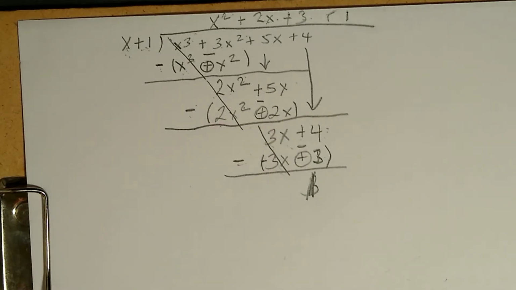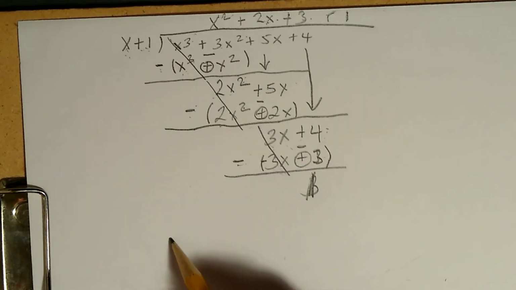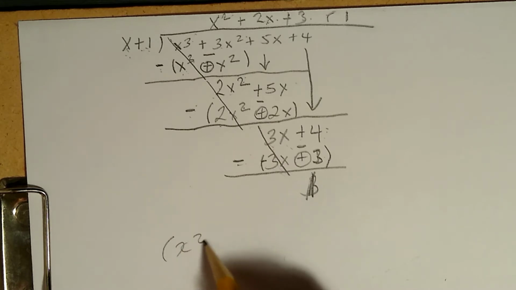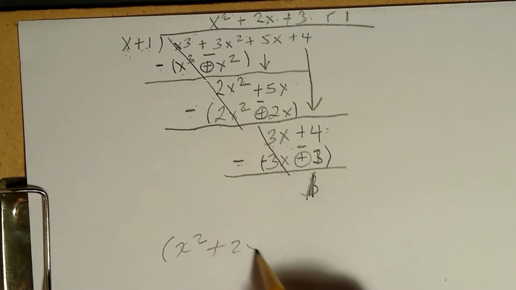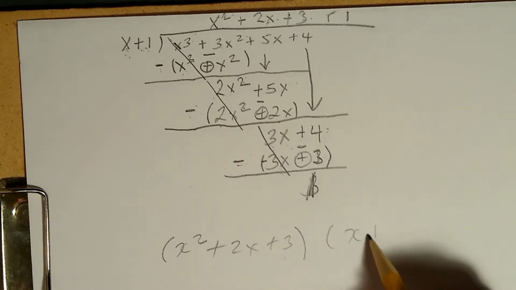Now you want to make sure that it's correct. We're going to double check our work. We're going to use the answer x squared plus 2x plus 3, and then we're going to multiply it by x plus 1.